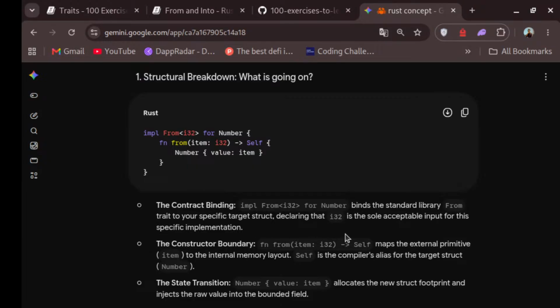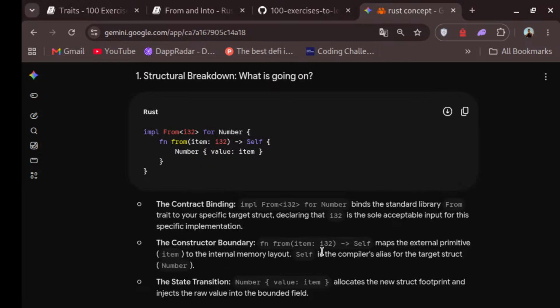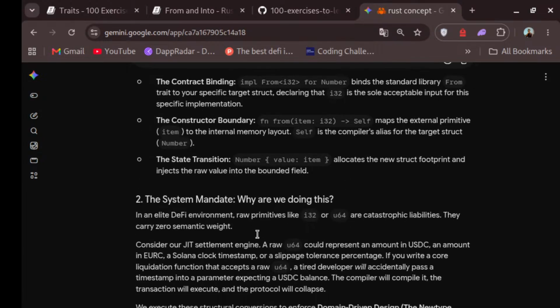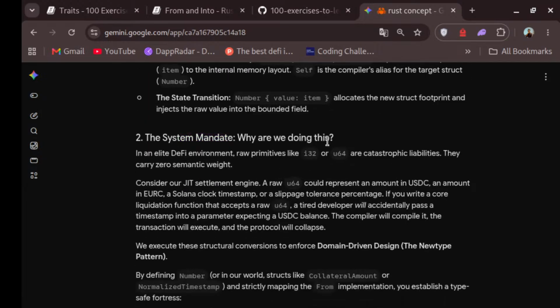Declare that i32 is the acceptable input for this specific implementation. Construction: Self implementation, primitive level Self. So in the system mandate, why are we doing this?